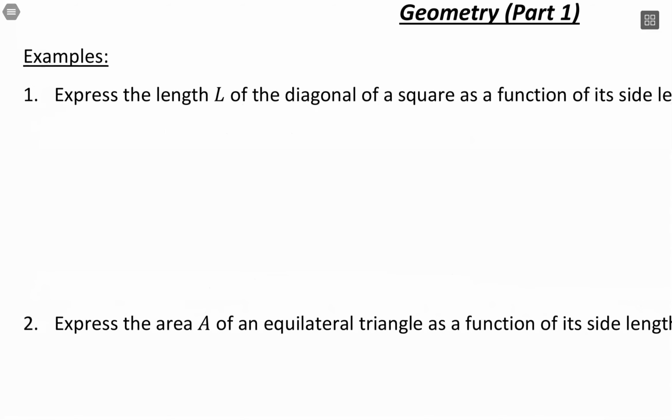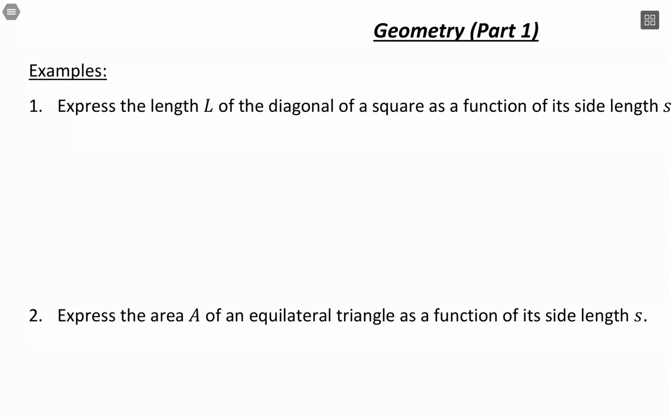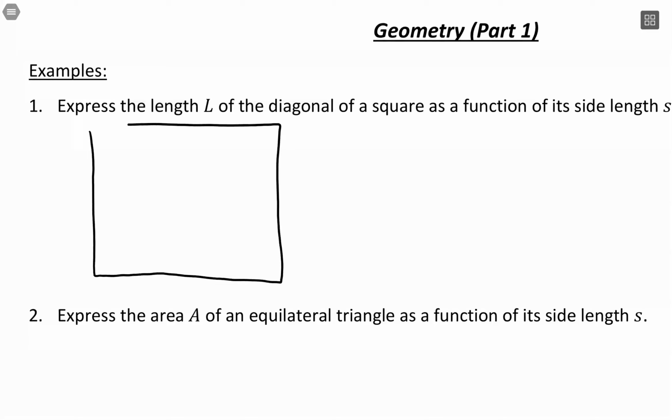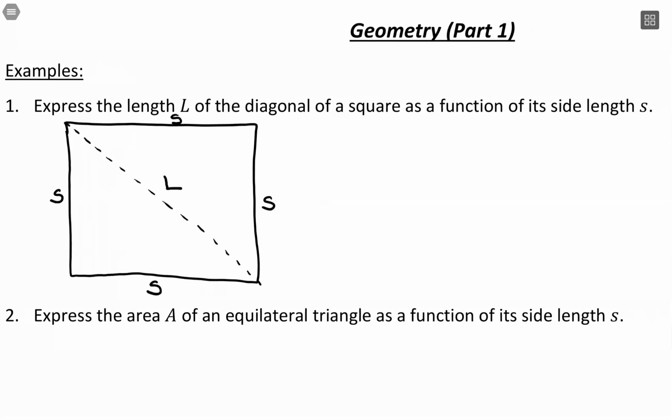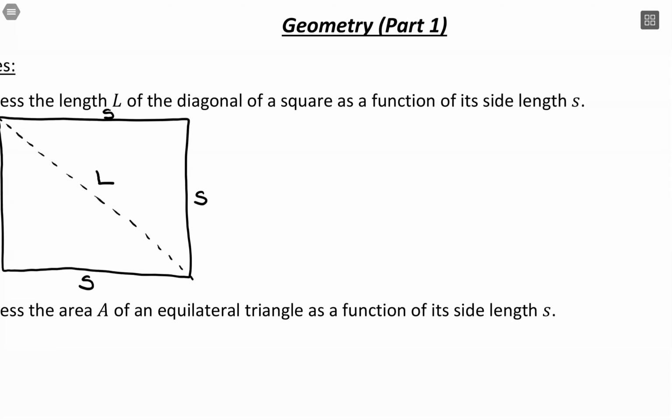So in this first one, we have the diagonal of a square. I'm going to draw a square the best that I can. A square has all the same side lengths, so we're calling the side length S. I have these 4 side lengths that are the same, and then we want to look at the diagonal, which is L. We want to express that length L of the diagonal of a square as a function of its side length.